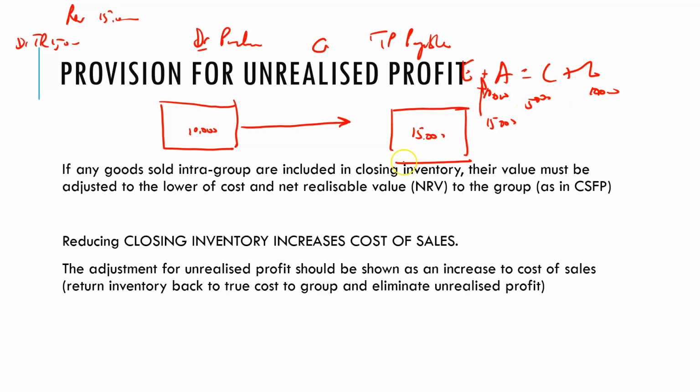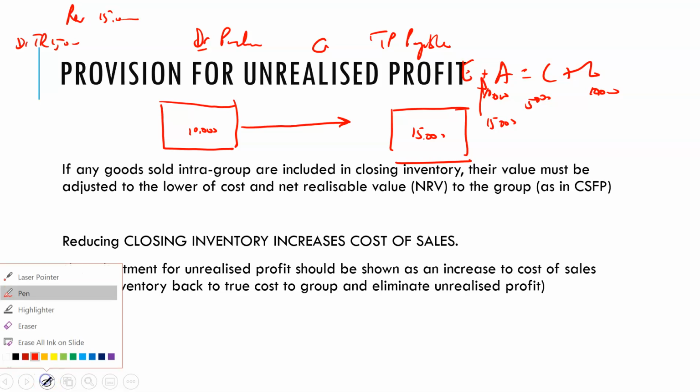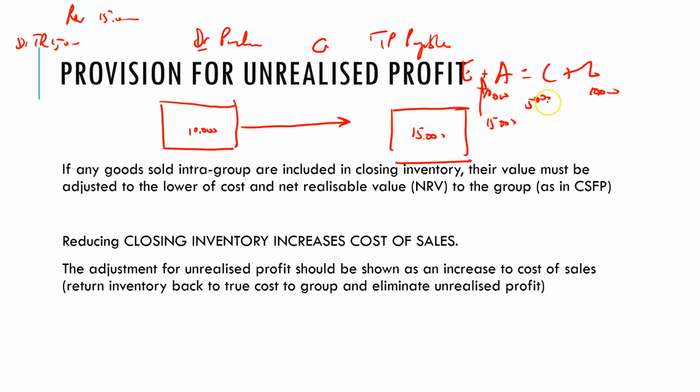That's not right. I just changed my pen color to emphasize what I now have to do. I need to bring that down by 5 and bring that down by 5, because you cannot make profit by simply moving inventory from one room to the next. Now imagine I'd sold half of this, and therefore half of it had left the room. In effect, half of the profit is now realized, but there's half of the stock still left.